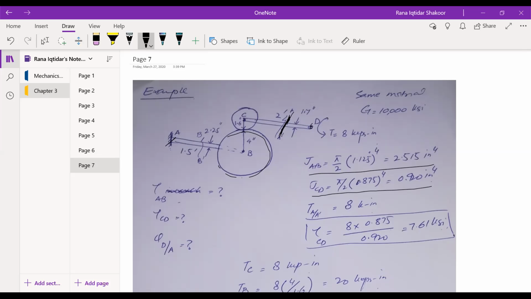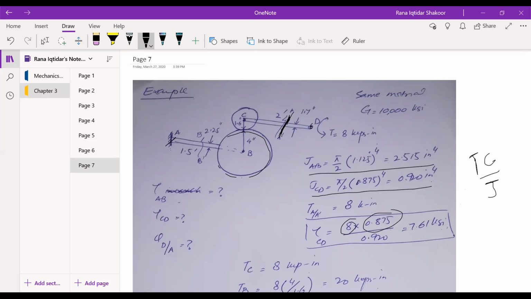of 8 kips per inch applied in this counterclockwise direction, that will be 8 into 0.875 divided by 0.92. So it is TC over J, right?